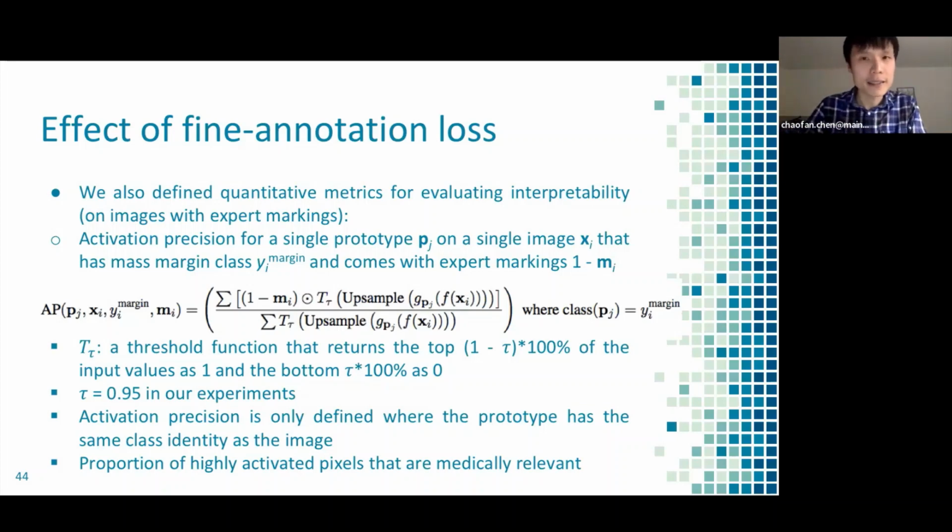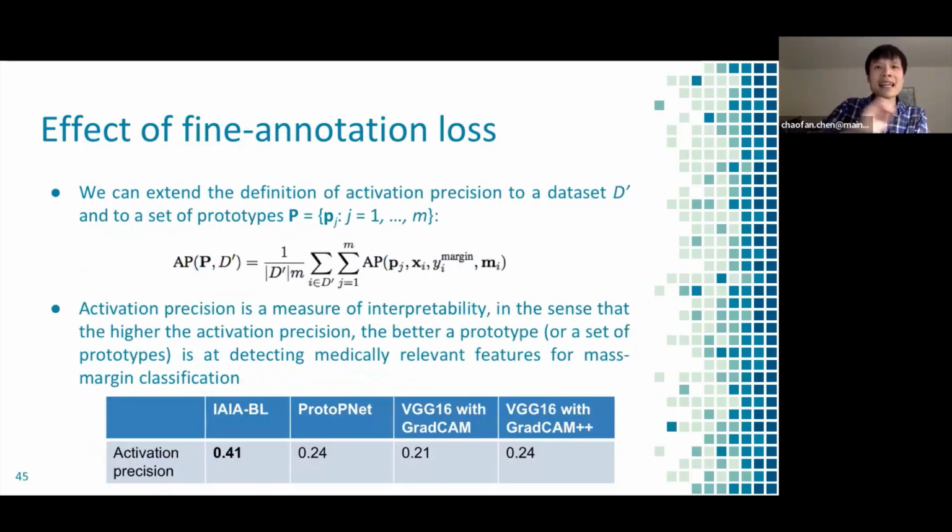That's the basic idea. And we can extend this definition of activation precision from a single prototype on a single image to a whole data set D prime with expert markings and the whole set of prototypes P by taking the average of this activation precision score over every prototype and image.